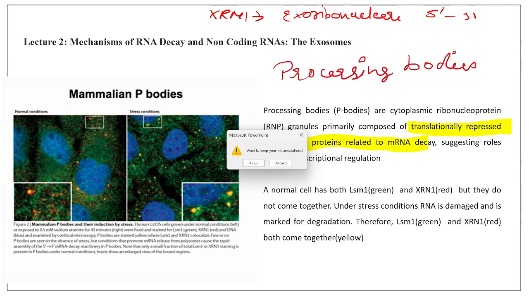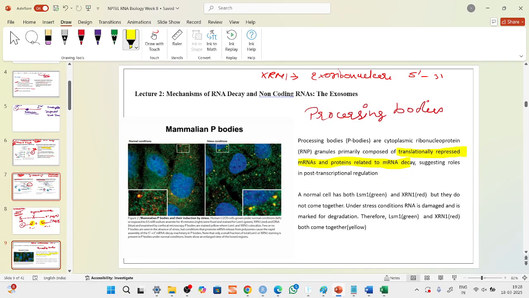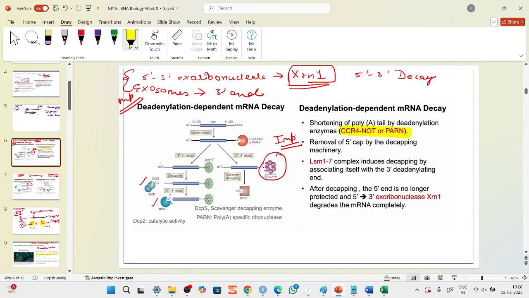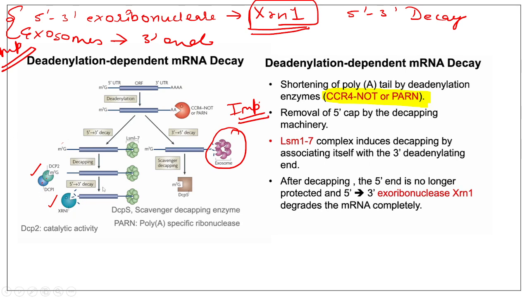You should remember this, because only then will these P bodies make sense. See what happens. We have studied that for 5 prime to 3 prime decay to take place, first LSM1 binds at the 3 prime end, and then it recruits several decapping machinery, and the decapping machinery removes the 7-methyl guanosine cap, and ultimately XRN1 comes and it decays.